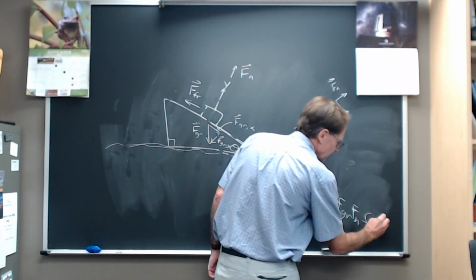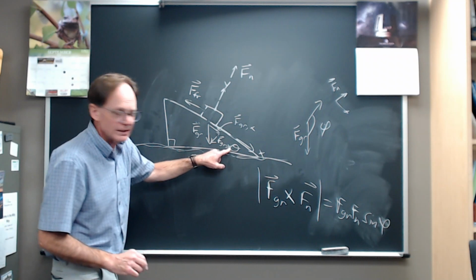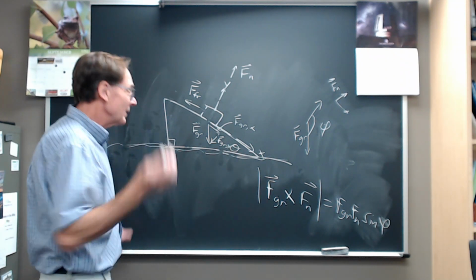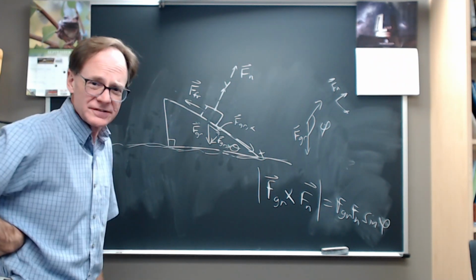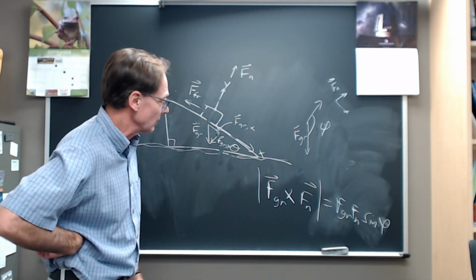Let's call that phi, because that angle right there is already theta in our diagram, right? So we have to identify what is that angle right there. And that would give us the magnitude of this cross product.